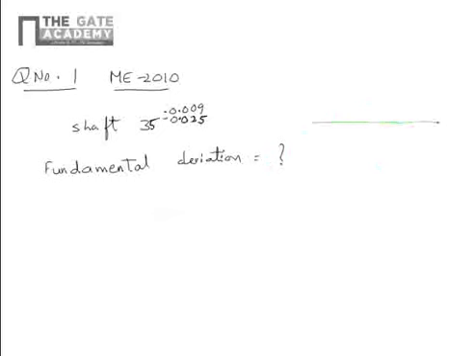A shaft, so he has given negative values. Upper limit is 0.09 mm lower than the basic size, if you measure from the basic size.